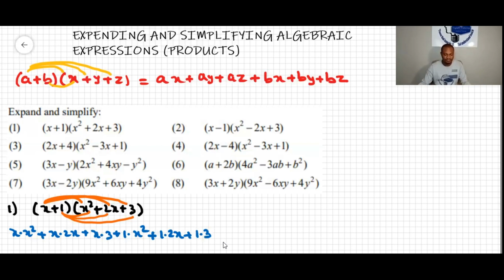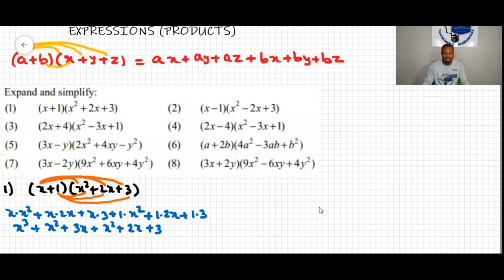So x times x squared makes x cubed, plus x times 2x makes 2x squared, plus x times 3 makes 3x, plus 1 times x squared makes 1x squared, but we just write x squared, and then 1 times 2x makes 2x, plus 1 times 3 makes 3.